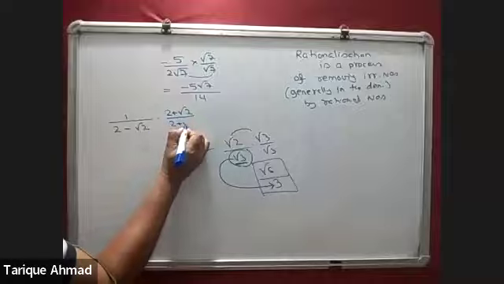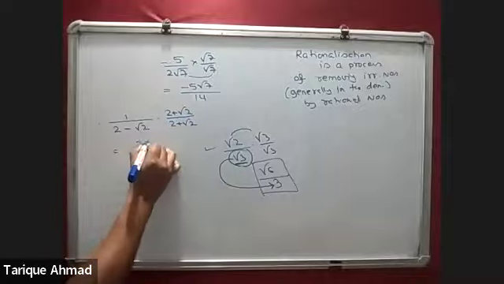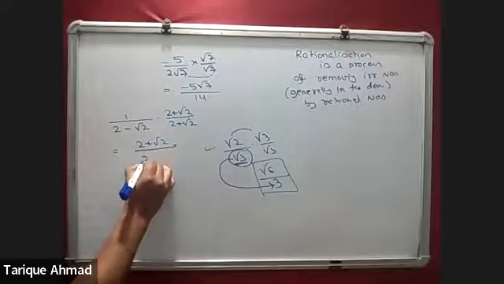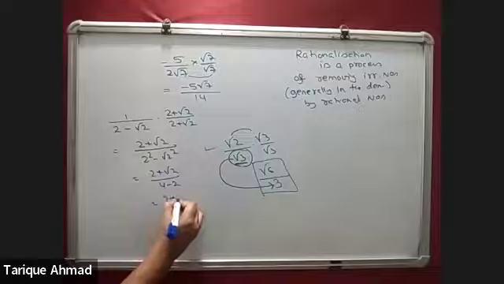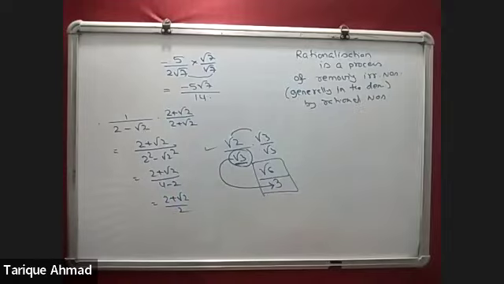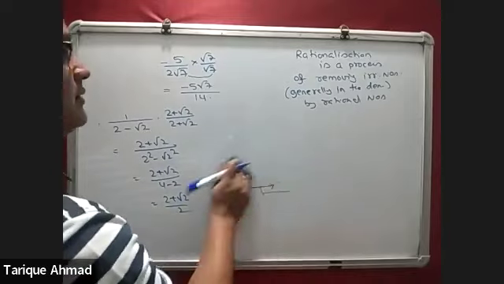The conjugate is 2 plus root 2. So we get 2 plus root 2 upon 2 squared minus root 2 squared, which is 4 minus 2, so 2 plus root 2 by 2. It is rationalized.